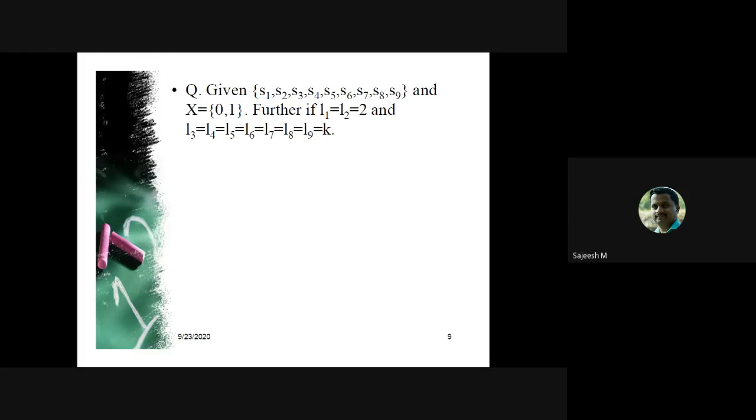That is given a source. There are 9 symbols: S1, S2, S3, S4, S5, S6, S7, S8, and S9 are the symbols, and x equal to 0, 1. That is, the code alphabet is given as 0, 1.